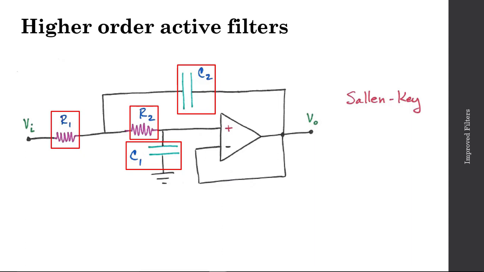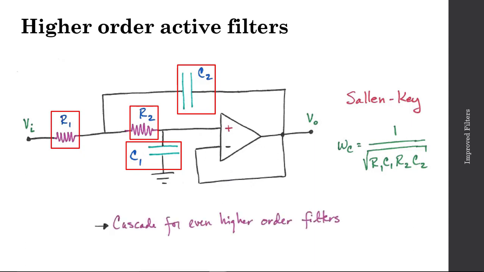Now, the configuration here happens to be a second-order low-pass filter, and this circuit has a cutoff frequency defined as omega c equals 1 over the square root of R1 C1 R2 C2. Another interesting quality of these Sallen-Key filters is that we can cascade them together in series, effectively multiplying their transfer functions, and we can achieve even higher order filters.